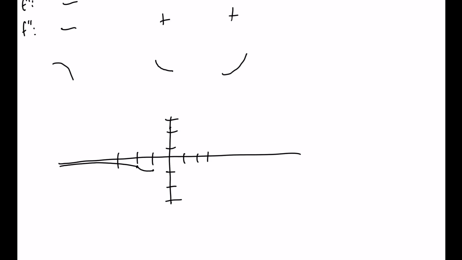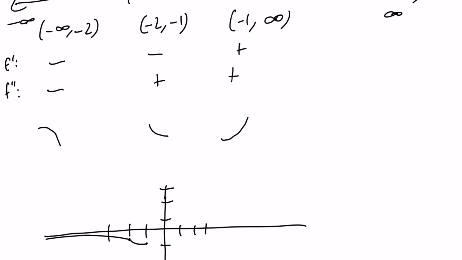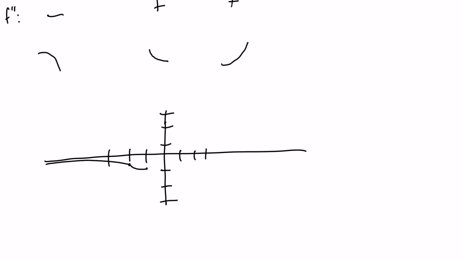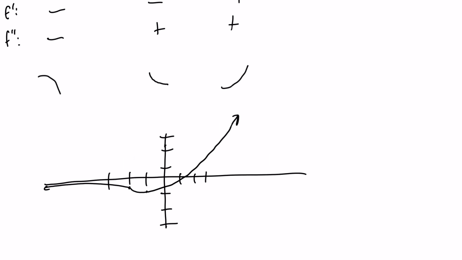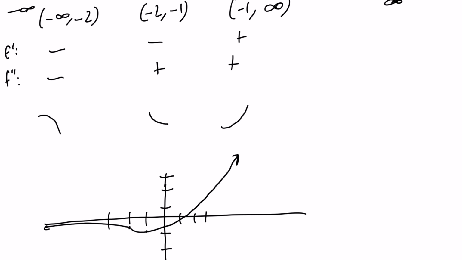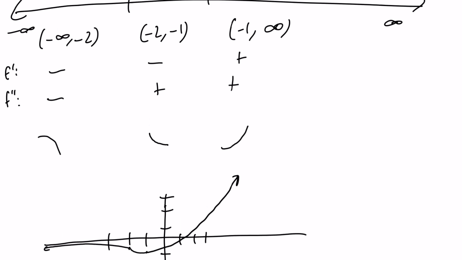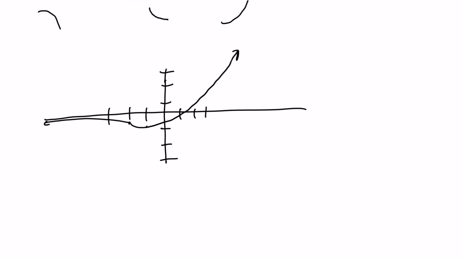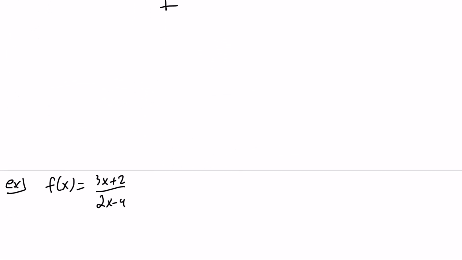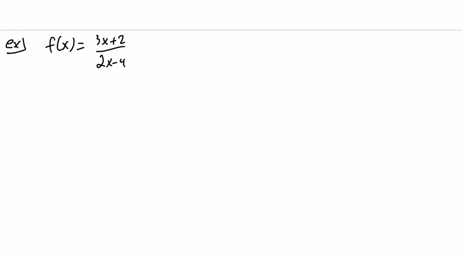And then to the right of x equals -1, we're increasing concave up. So we're going to do a little something like this. And look at that. We only need to plot 2 points and do a little bit of calculus, and we get a pretty good looking graph for x e to the x, which is admittedly kind of a hard function to graph. It's pretty neat.